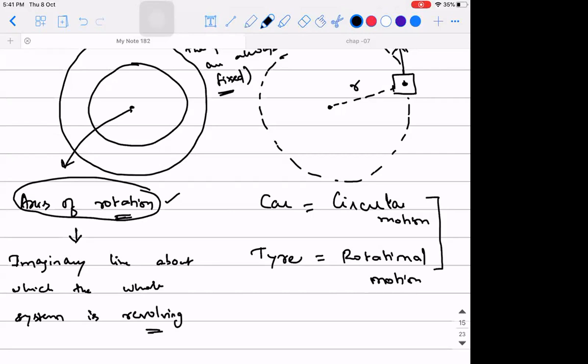That's what we call the axis of rotation. I hope it is clear, guys. Yes, sir. Okay.